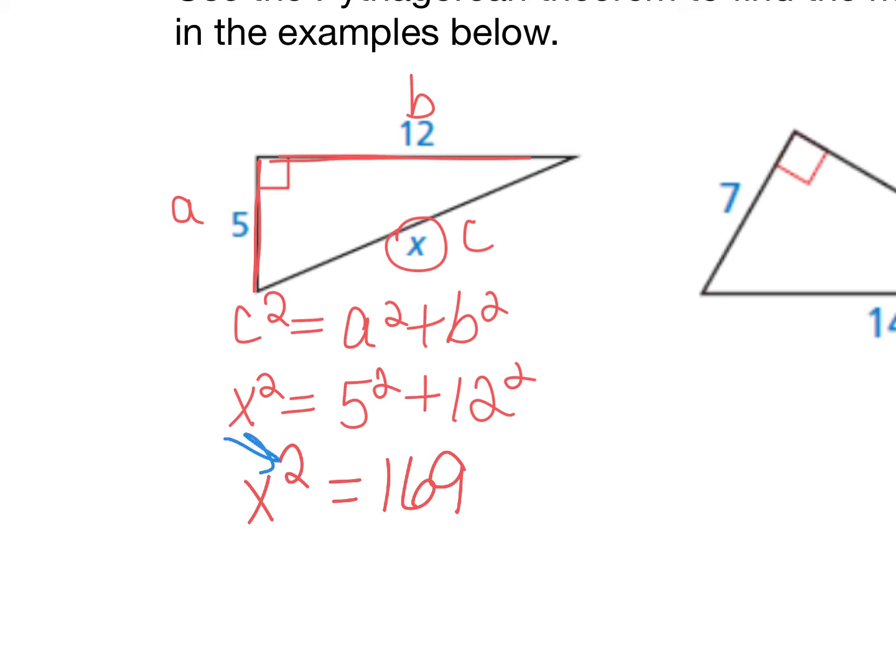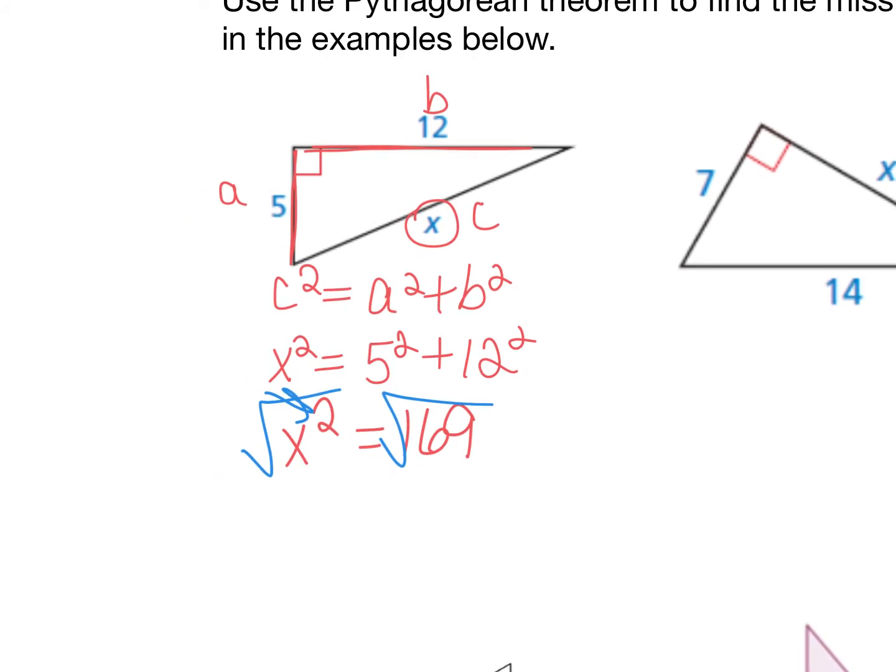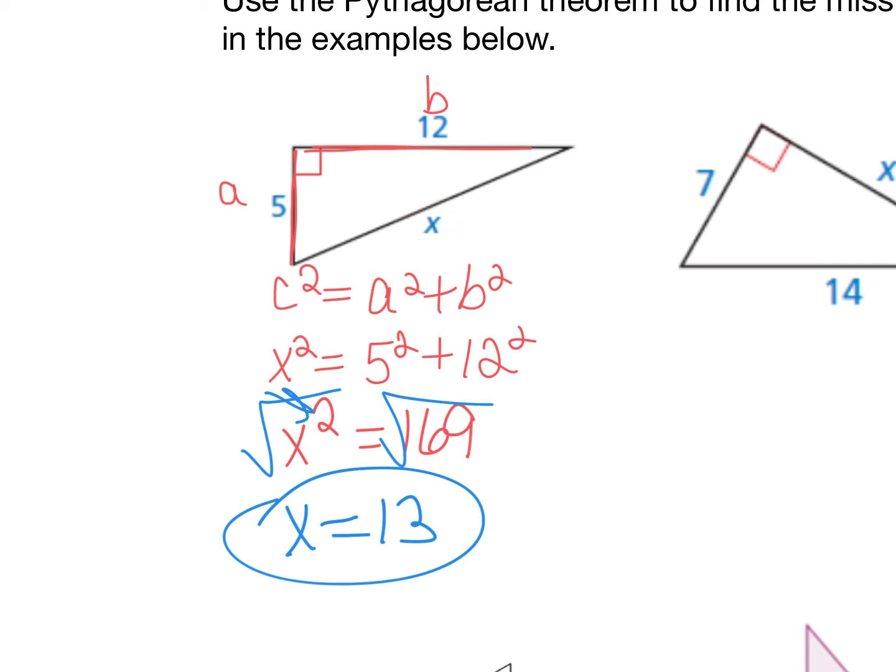So to undo x squared, we take the square root of both sides. The square root of 169 is exactly 13. It's a perfect square, which also means that 5, 12, and 13, if we had those as side lengths, would make a Pythagorean triple. All that a Pythagorean triple means is that none of the sides are decimals or radicals or anything like that. They're all whole numbers.